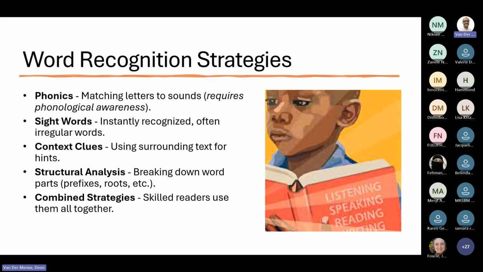And then lastly, we use strategies together, combining the strategies. Skilled readers often use multiple strategies at once. And so learners with learning disability need repeated practice with each strategy to become confident and flexible readers.